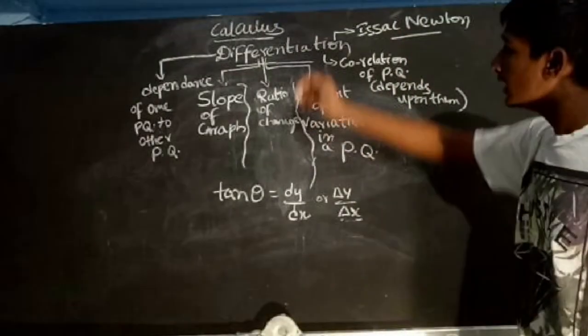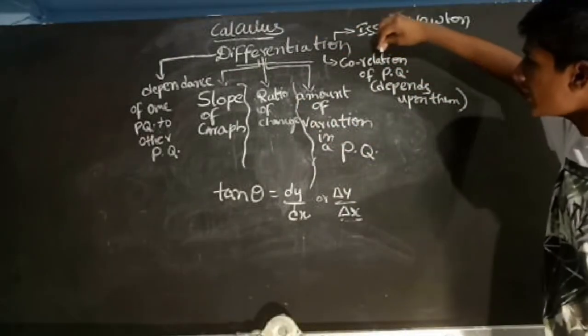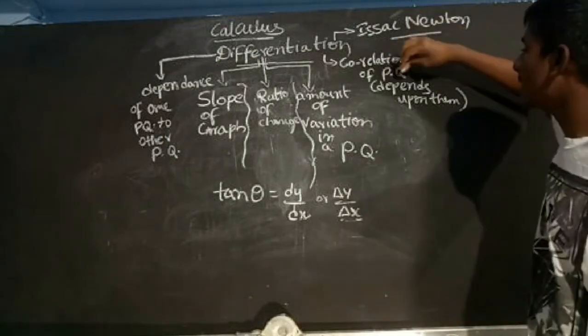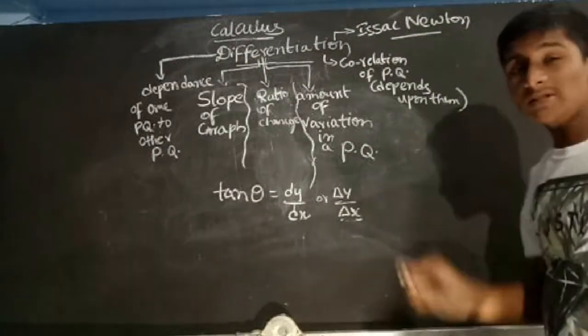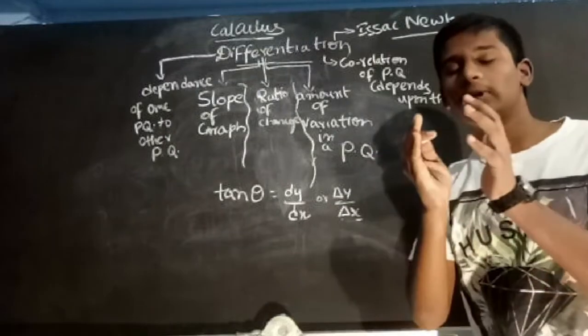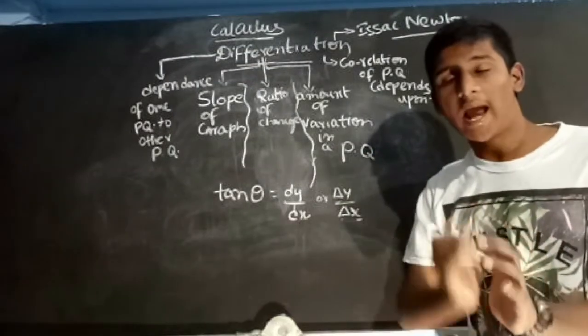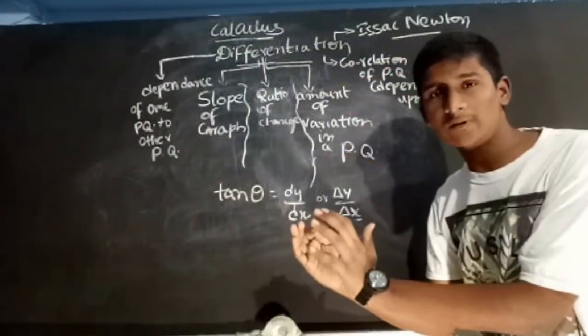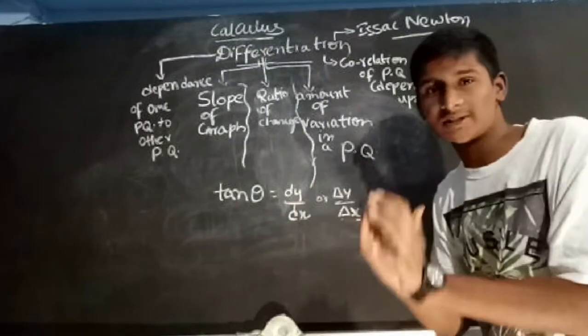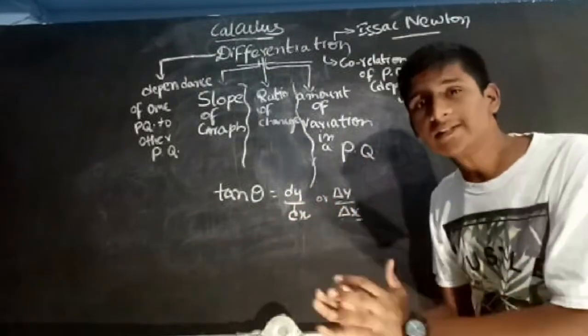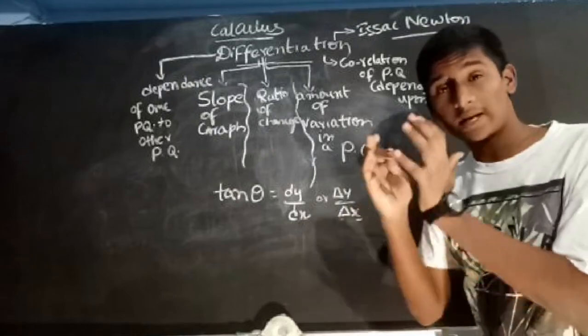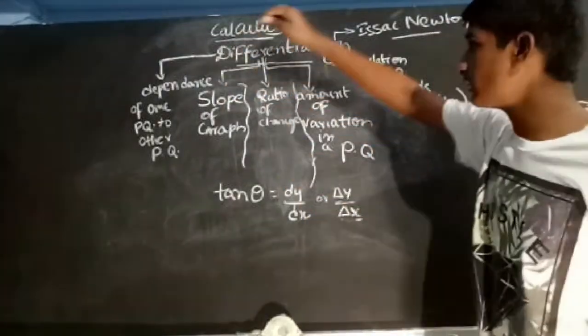And the next point is the correlation of physical quantities. If we take one physical quantity and another physical quantity, what is the correlation between them? We can learn that correlation in differentiation.